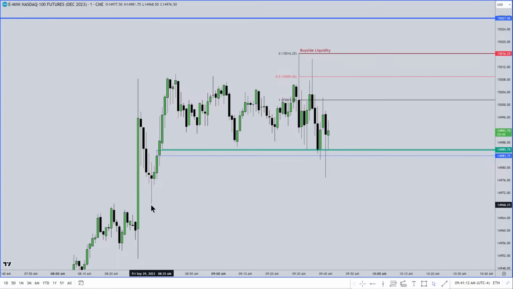This feels like they're sending it lower to get people wanting to go lower. And every time they go lower, more people are going short. That just builds the buy side up here bigger. So in my mind, I see it as engineering more liquidity above the highs.